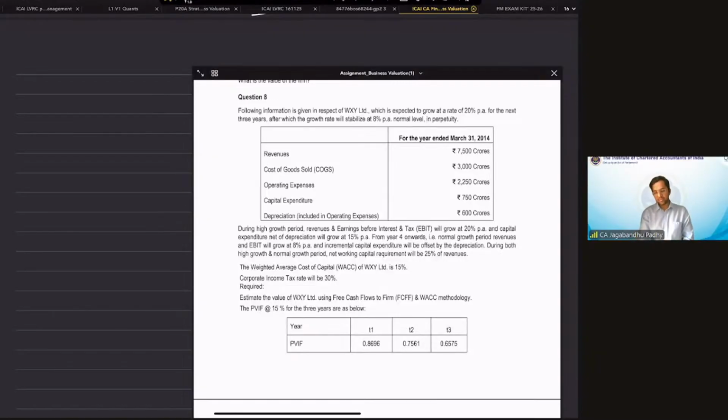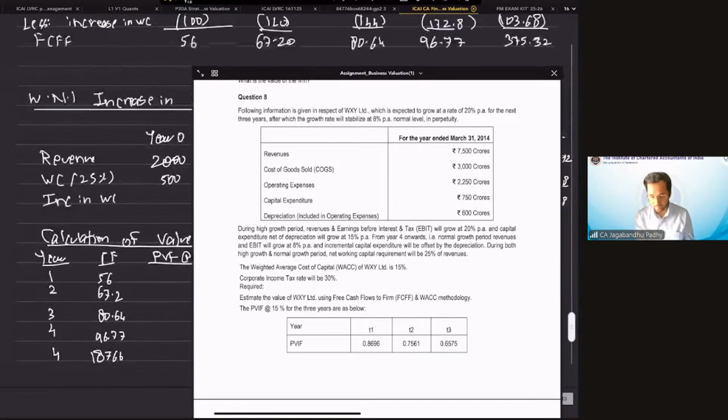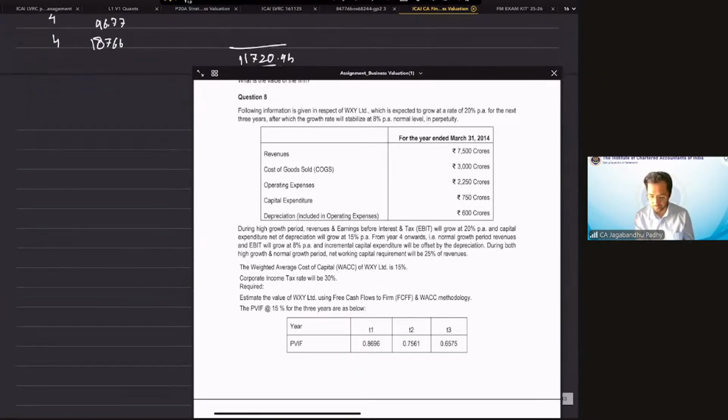Okay, so the following information is given in respect of WXY Limited, which is expected to grow at a rate of 20% per annum for the next 3 years, after which the growth rate is going to stabilize at 8% per annum, normal level in perpetuity. So we have the revenue, cost of goods sold, operating expenses, capex, and depreciation, which is included in your operating expenses.